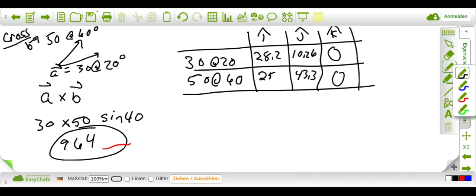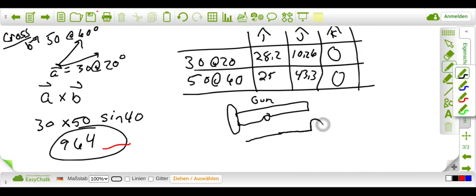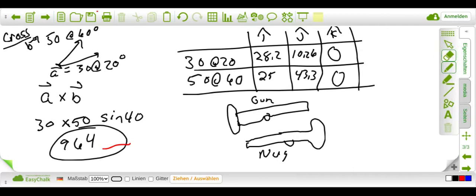For those of you that missed this, I said that in school we don't talk about guns very often. So if this was a gun, then this was the stock back here. And I'm not an artist, then this was the nug. Gun and nug, right?